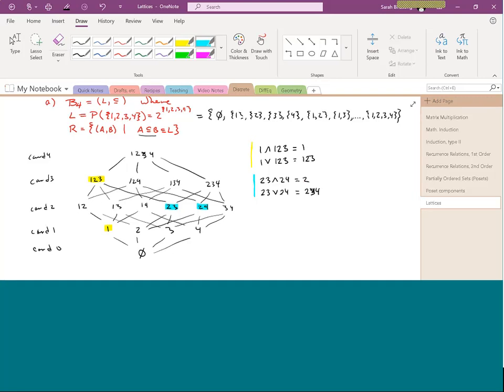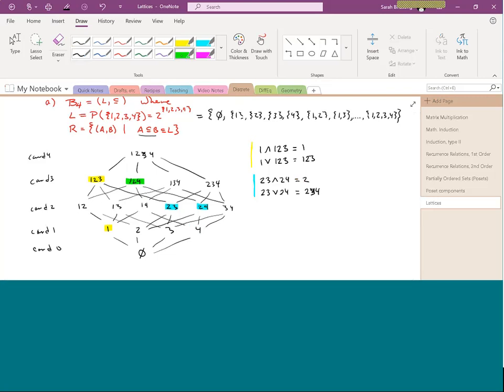So the last pair of examples is, suppose we have somebody like, oh, I don't know, how about those 2? They look really far away in the picture. So if we look at their meet and their join, I don't want to do a 4 because that actually forms a chain.